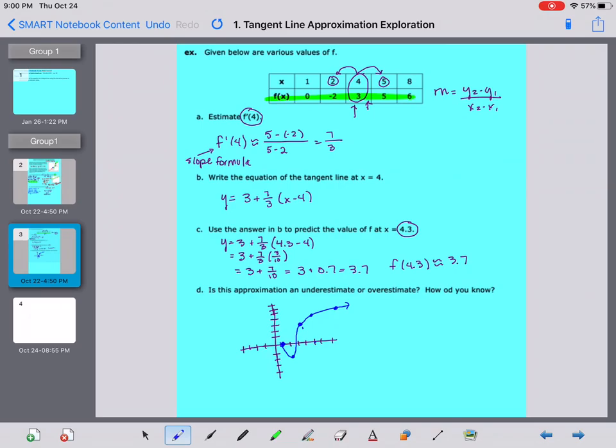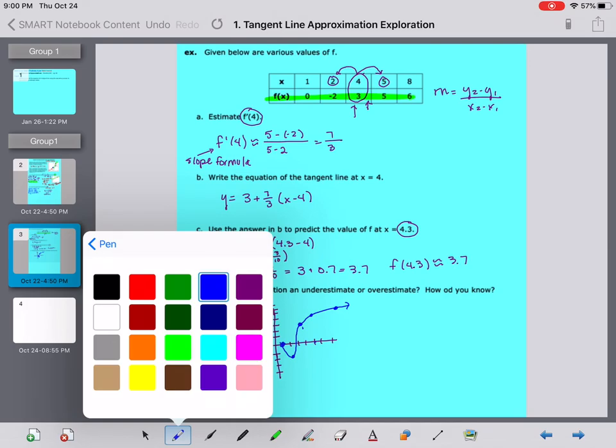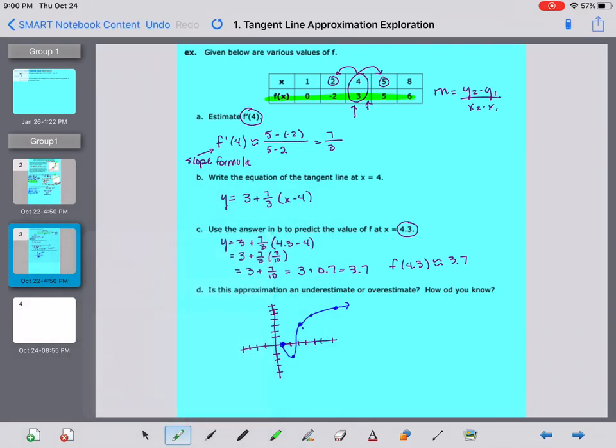Now if we look at 4, and we actually draw in our tangent line at 4, remember, this was our point 4, we can see that the tangent line is on top.